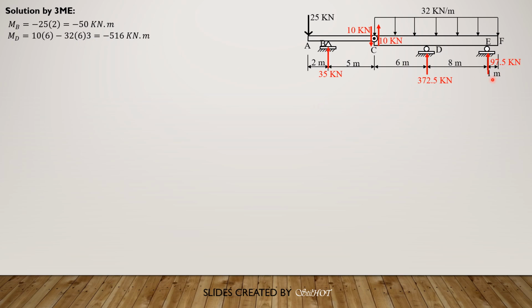It is also equal to 97.5 times 8, then minus 32 times 9 times 4.5. It will give you the same answer of negative 516 kilonewton meter. By the way, the moment at E is negative 32 times 1 times 0.5, so negative 16. So let's have the three moment equation in CDE to compute delta C.